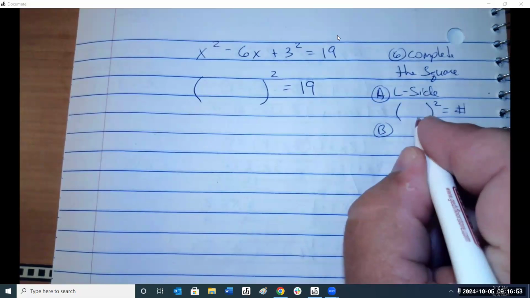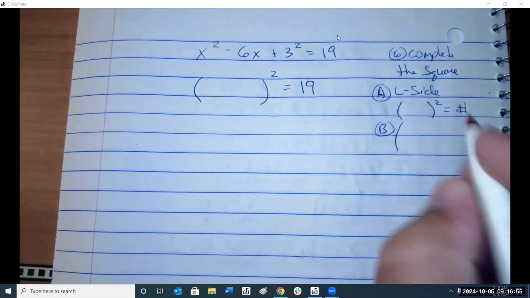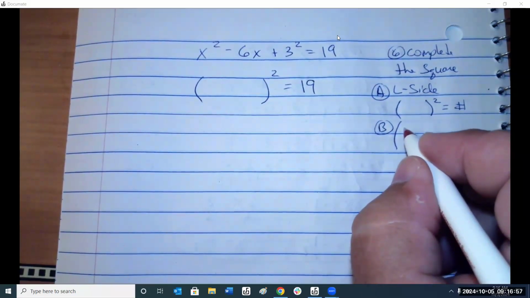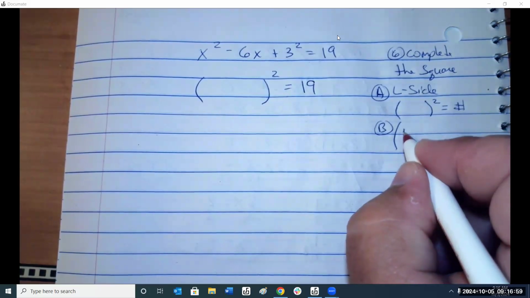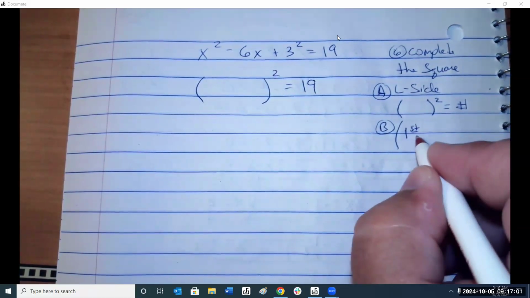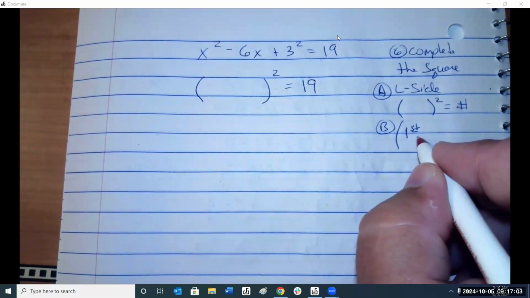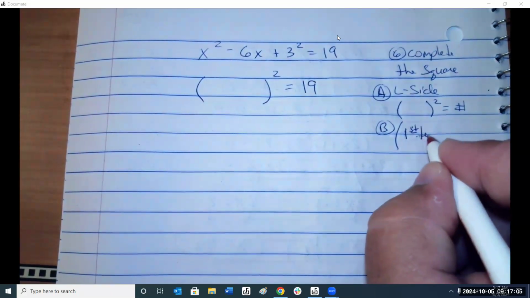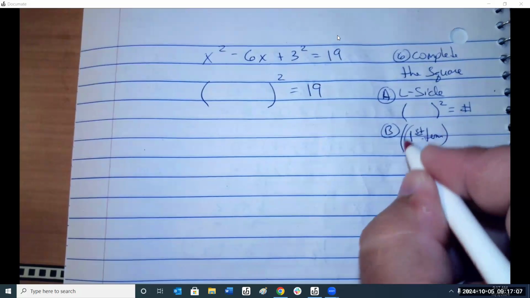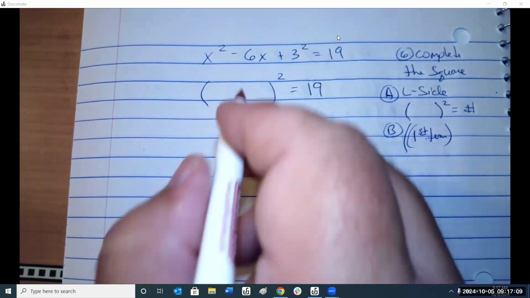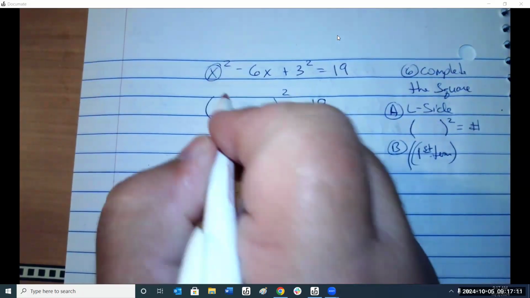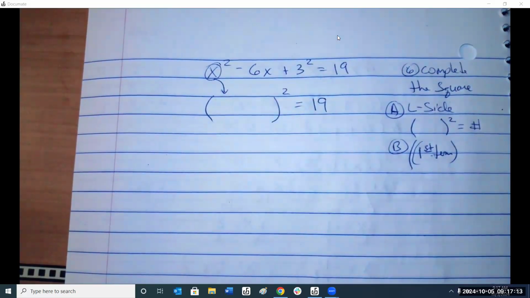Now, inside the parentheses, put the first term. This is whatever's under the squares, so the first term is x.